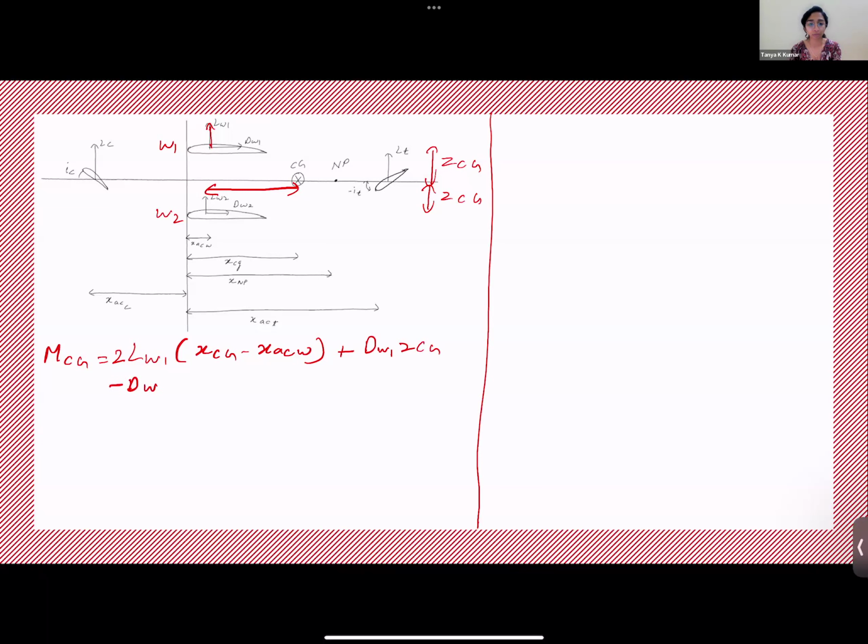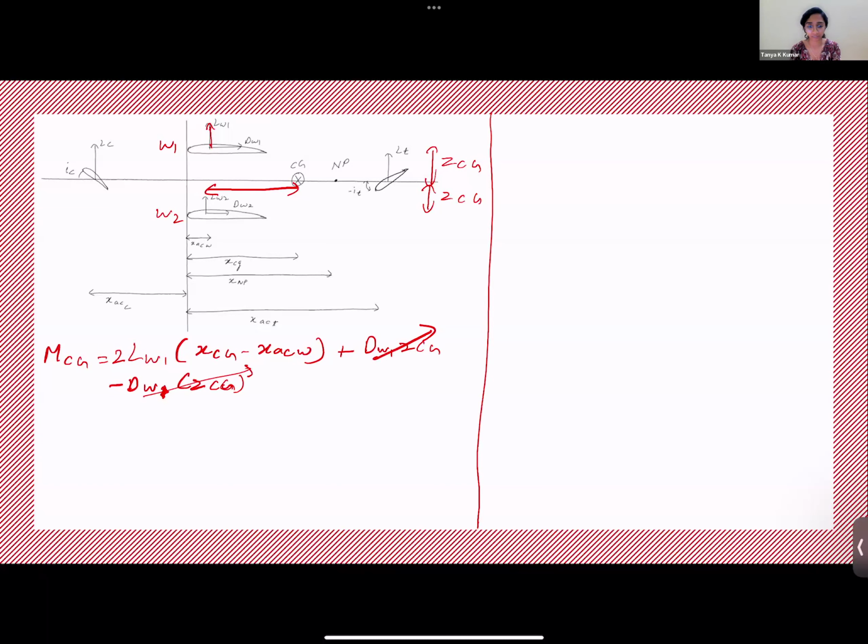So if both the airfoils are the same, it will be just dW1 into ZCG, and both these terms will get cancelled out, right? If it's the same airfoil, considering that. Okay, so now the lift contribution is done.